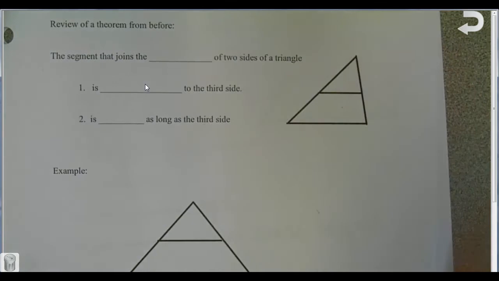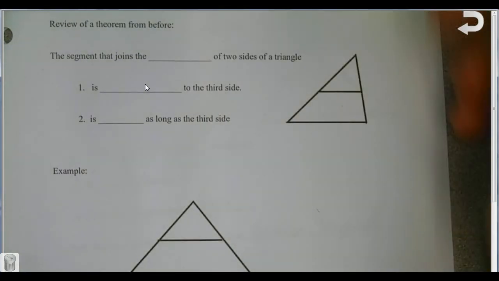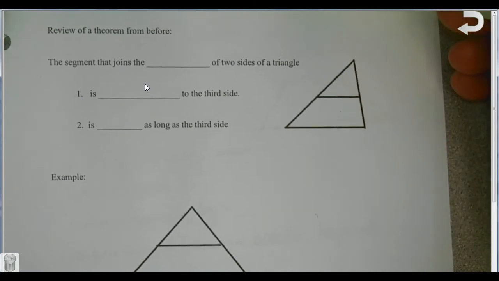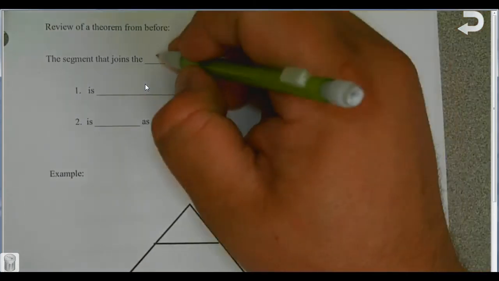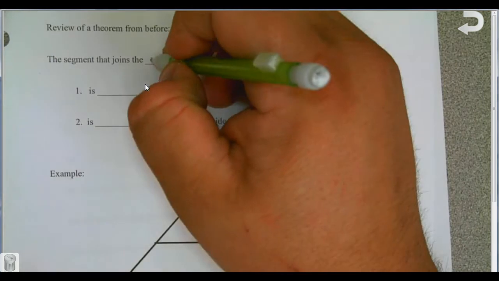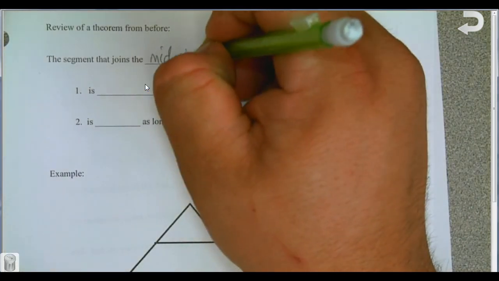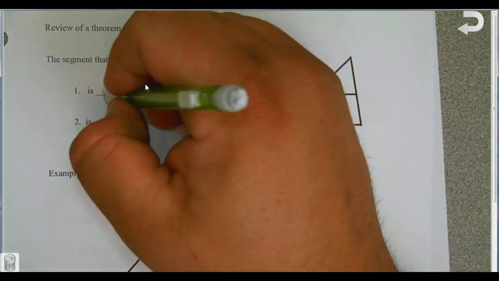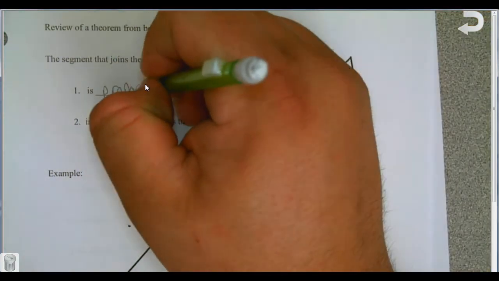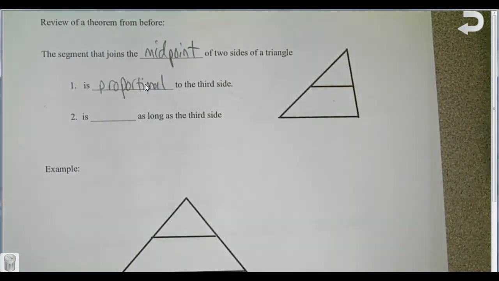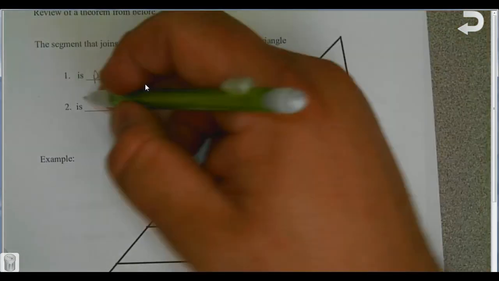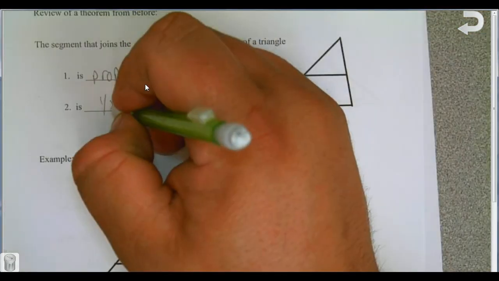And so if I have a trapezoid that's inside of a triangle, the segment that joins the midpoints of two sides of a triangle is proportional to the third side. And it depends, but it'll have a fraction as long as the third side. So I think it's half in this case.